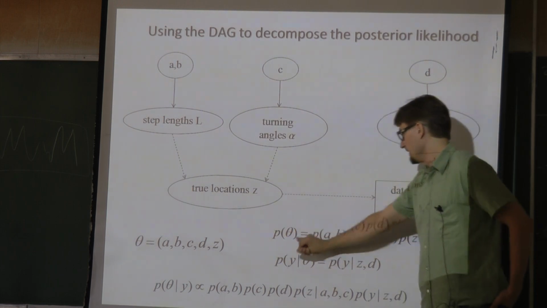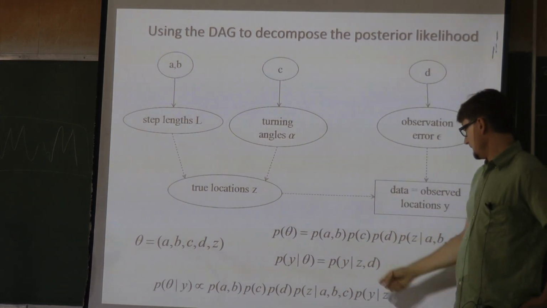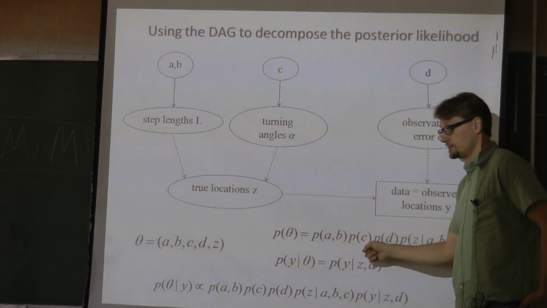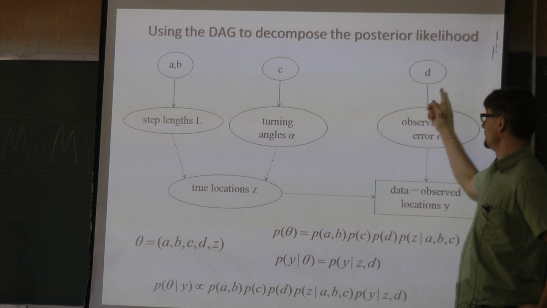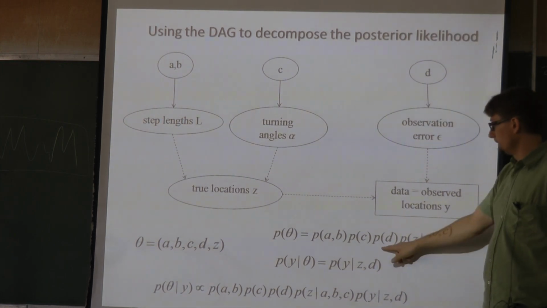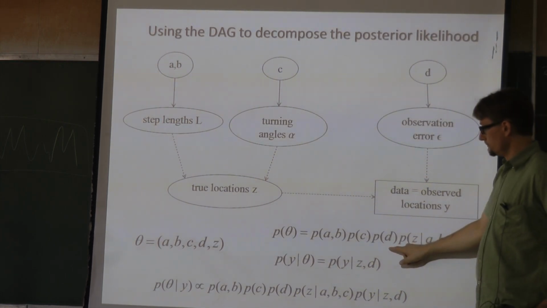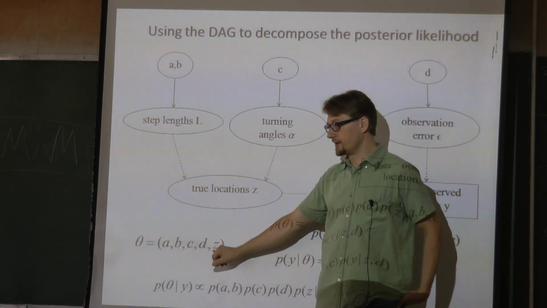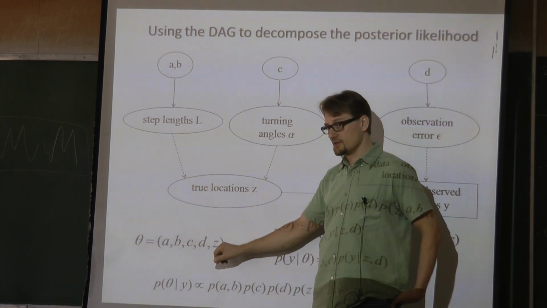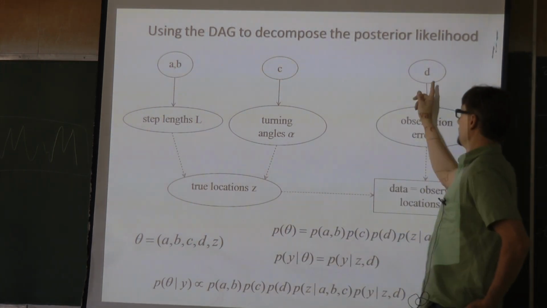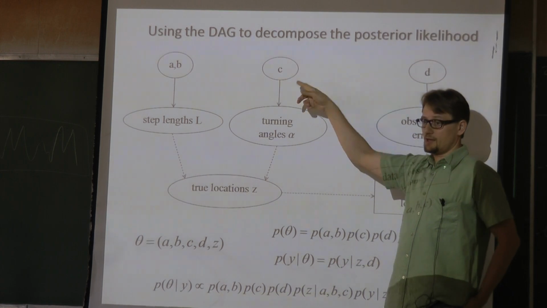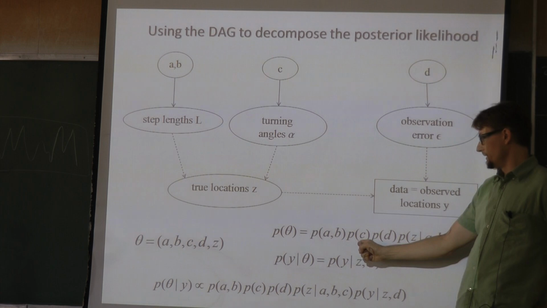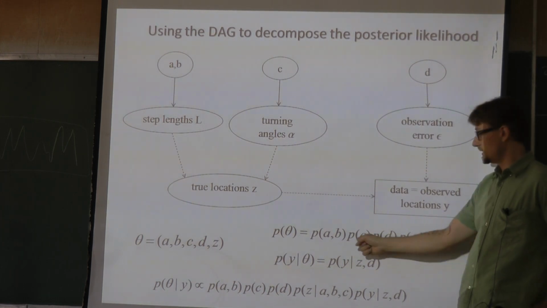That's why in the expression for the prior, we have the probability of C as one component in this product. And in the same way, we have the probability of D. Because this is like the joint probability of the full vector A, B, C, D, Z. But as we assume that C and D are independent, we can write that part of the joint probability just as a product of C and D. Okay?